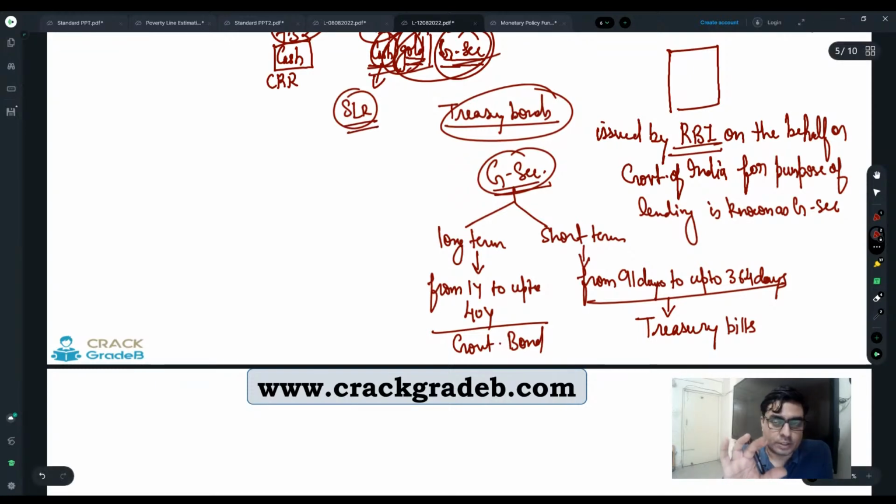Now please focus here, then you will understand the entire way the economy runs, how the government gets low interest rate money. The government is getting very cheap money, at a very low interest rate, whereas other private players have to borrow money at a higher interest rate in comparison to the government.